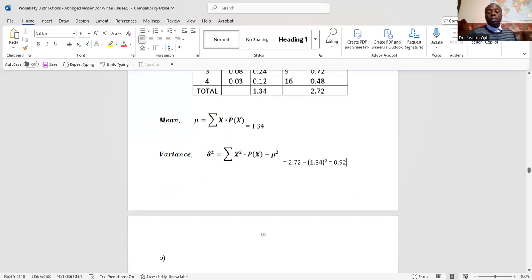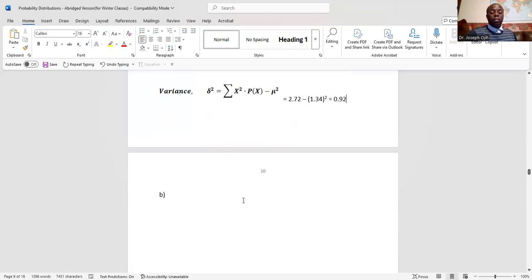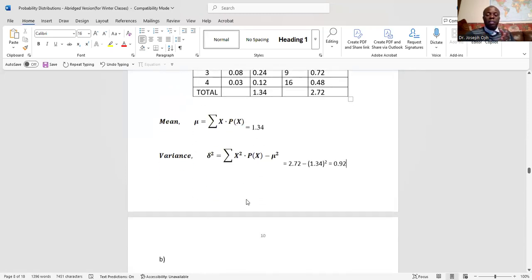And the standard deviation will be the square root of that. Because the question says, okay, find the mean, variance, and the standard deviation. We got the mean and the variance.